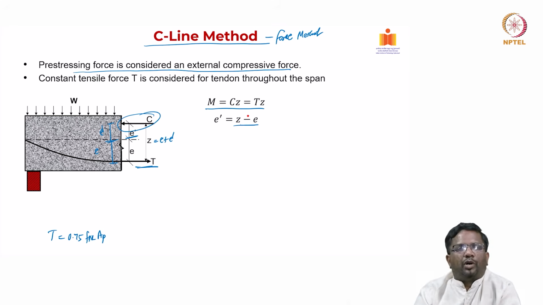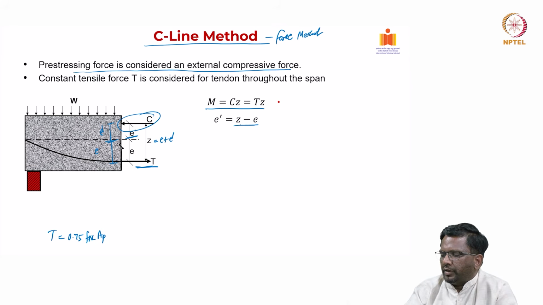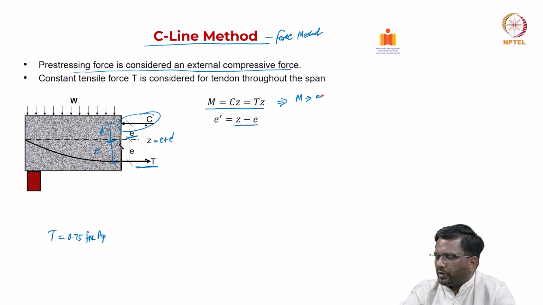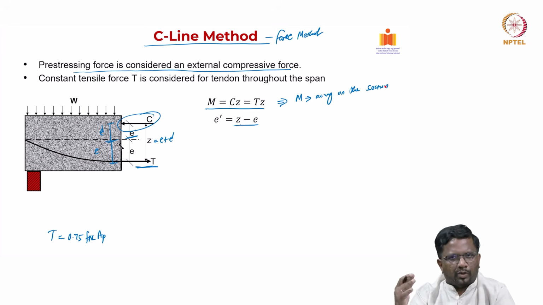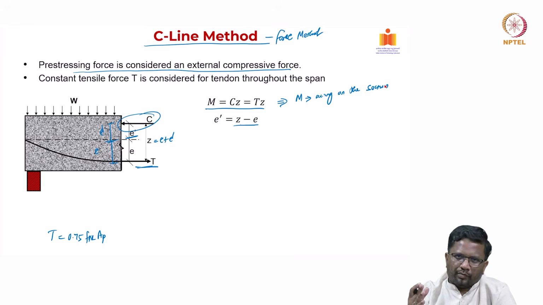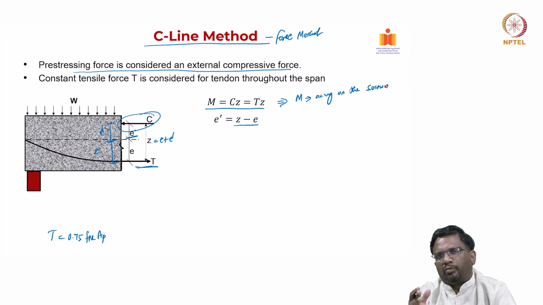Now, the question is how do you calculate your Z? Z is the lever arm. For that, we know the moment that is acting on the section. If you have done the preliminary design, you know the length and the expected load, then for that span and loading you can calculate from your analysis the moment acting in the section.